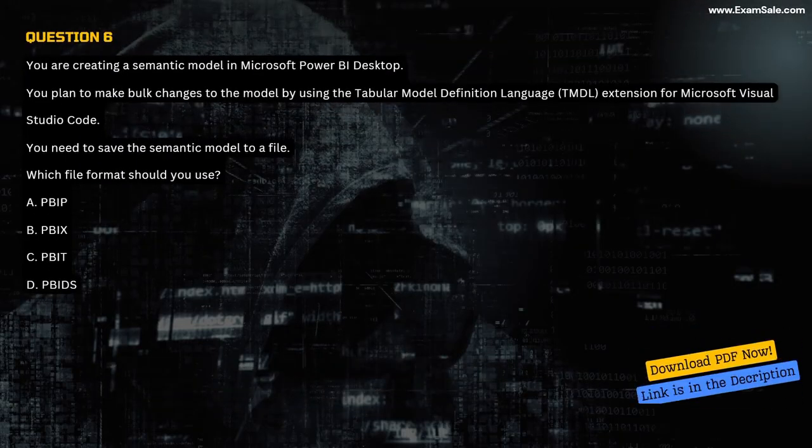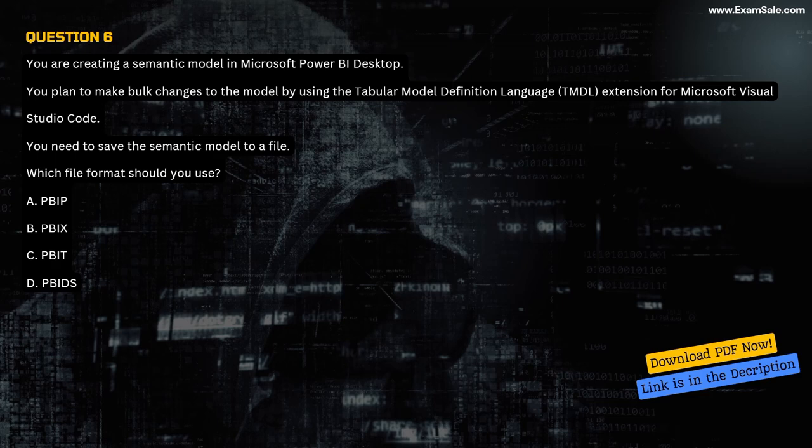Question 6. You are creating a semantic model in Microsoft Power BI Desktop. You plan to make bulk changes to the model by using the Tabular Model Definition Language (TMDL) extension for Microsoft Visual Studio Code. You need to save the semantic model to a file. Which file format should you use? A. PBIP. B. PBIX.